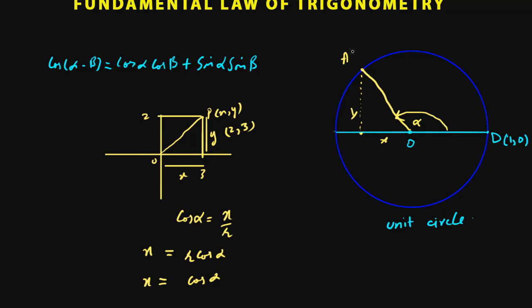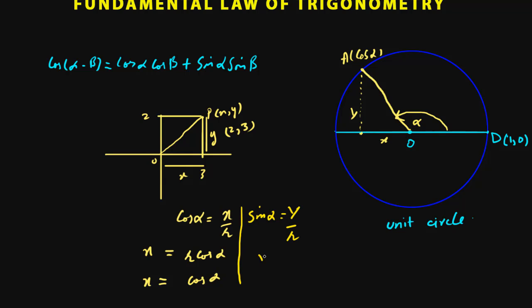It means the x coordinate is cos of alpha. And what is the value of the y coordinate? For y, the ratio is sine of alpha, which is equal to y over r, meaning perpendicular over hypotenuse.